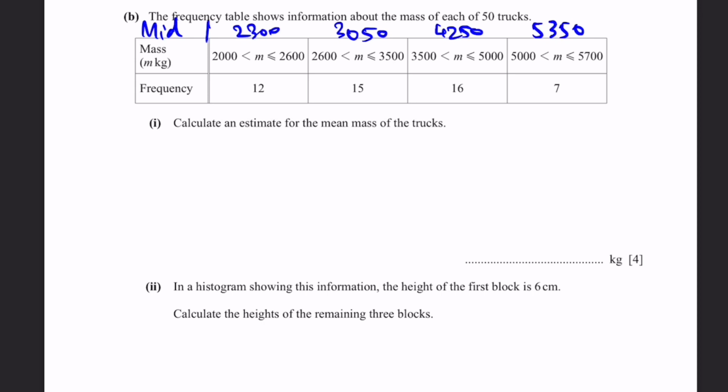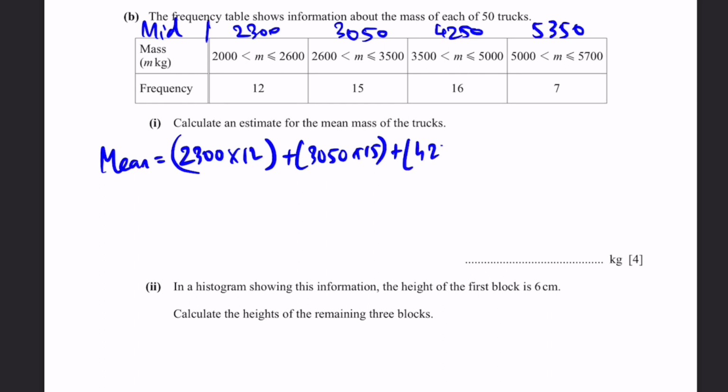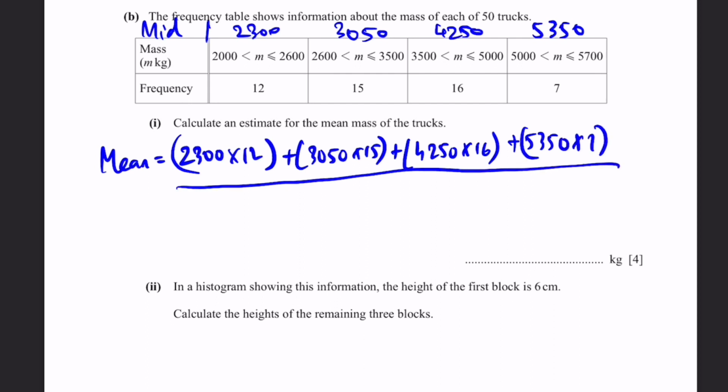Now, the mean mass of the trucks we can find by multiplying the midpoint by the frequencies and then dividing by total frequencies. So the mean will be equal to 2,300 times 12 plus 3,050 times 15 plus 4,250 times 16 plus 5,350 times 7, whole thing divided by 12 plus 15 plus 16 plus 7. Let's get a calculator out.